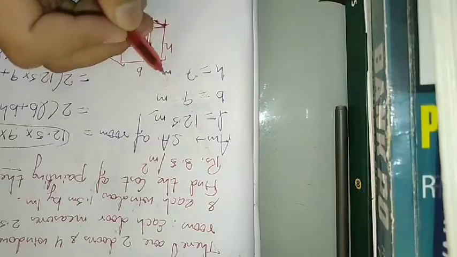So what will be the floor? Floor is length into breadth. So length is 12.5 and breadth is 9. So minus 12.5 into 9. Let's see what is the value. 12.5 into 9 gives you 112.5.